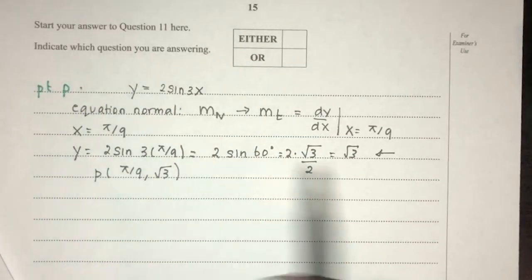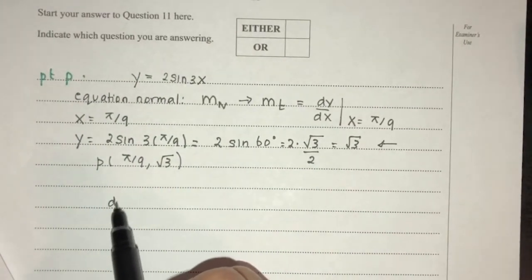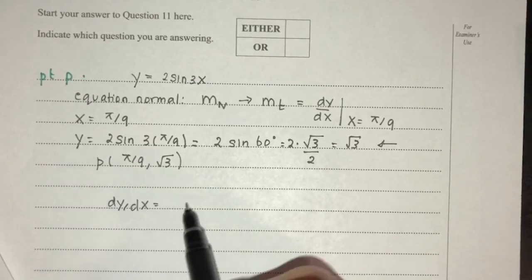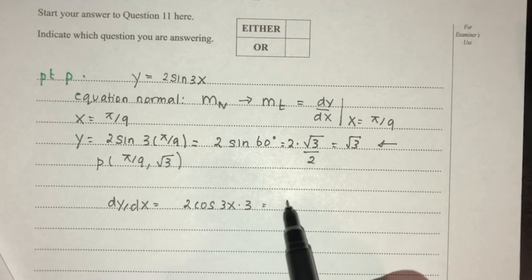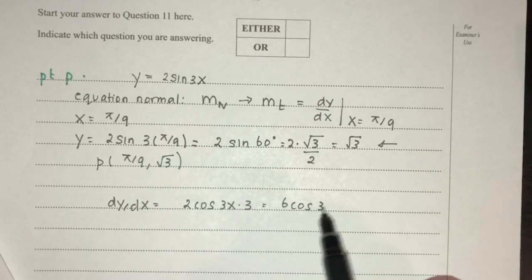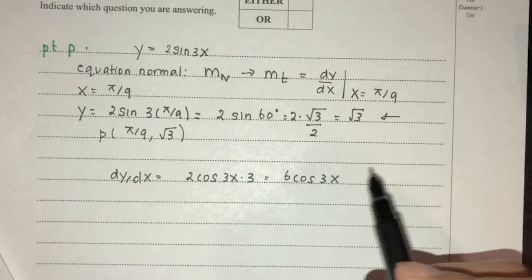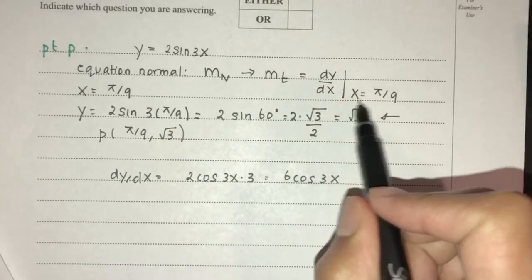So we know y. Let's find dy by dx. So dy by dx is equal to 2 cos 3x times 3. That will be 6 cos 3x. Now we have to find this value at x equal to this value.